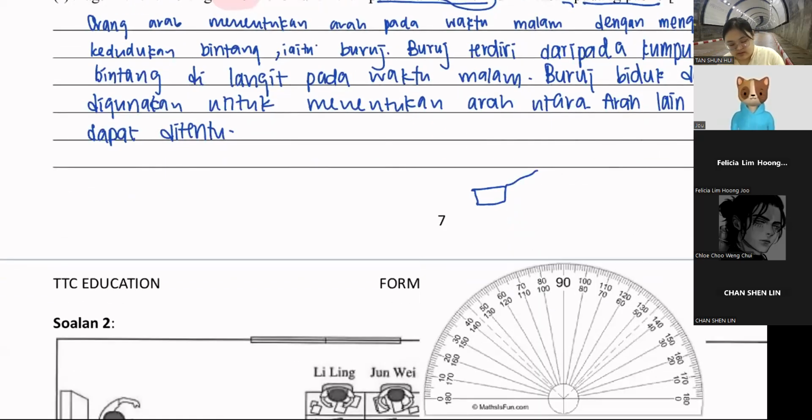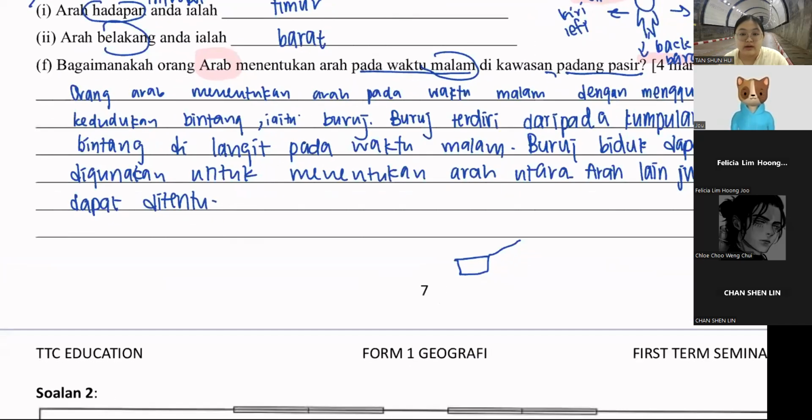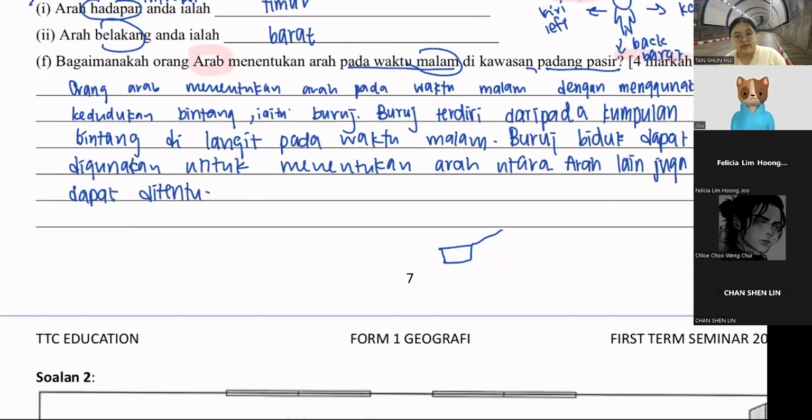Wait, let me copy. How to copy? Oh, not done yet. Okay, okay. I'll wait for you, no worry. Just let me know if you're really not done, okay? No worry, I can wait for you. Don't worry. The rest, are you good? Can follow? Am I too fast for you?